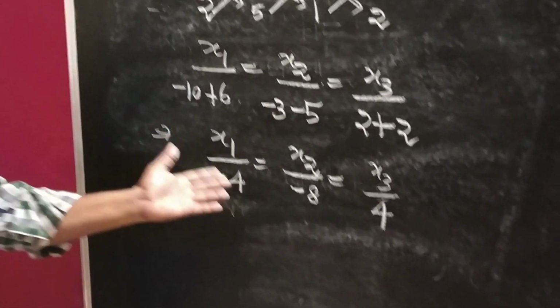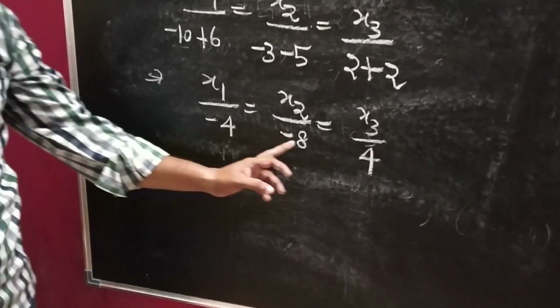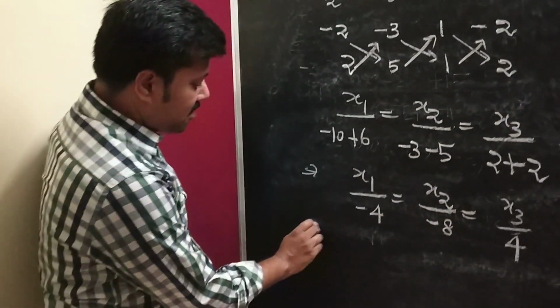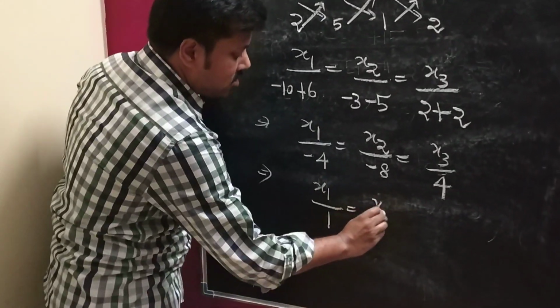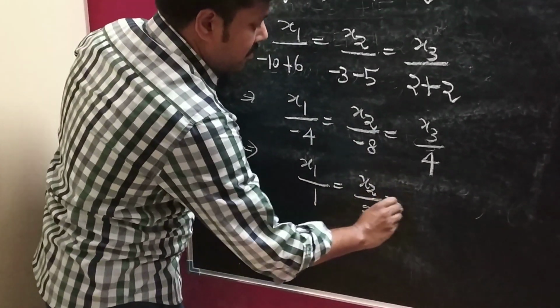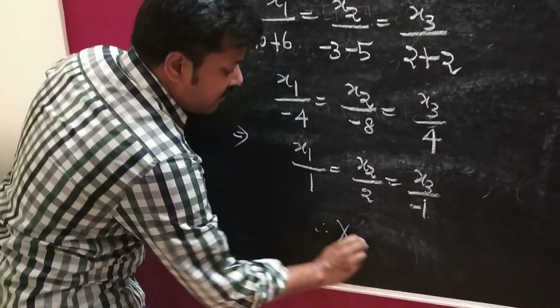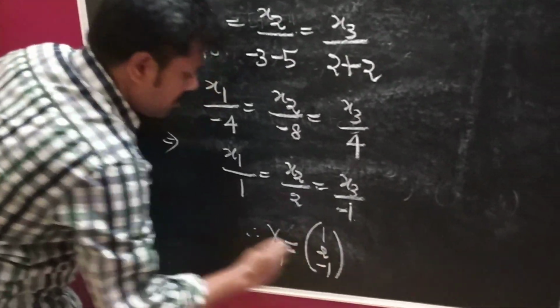So here the first value should be positive, right? So row divided by minus, we get plus, plus, minus, then 4 is common, so row divided by 4 we get 1, 2, minus 1, right? So therefore the first eigenvector is 1, 2, minus 1.